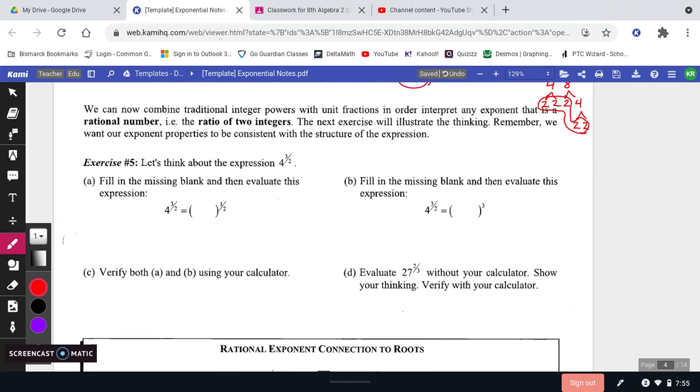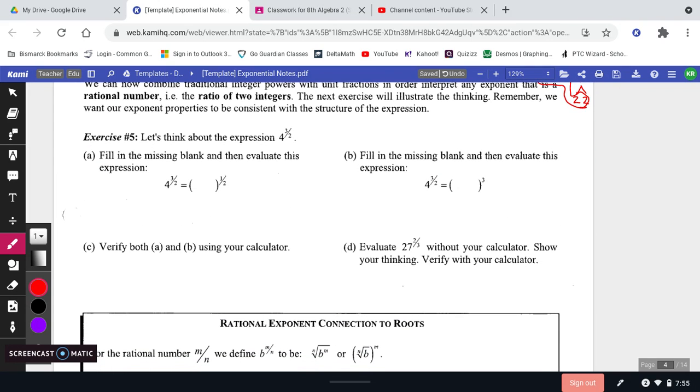All right, so what if instead of just a 1/2 or a 1/3, we have something like 3/2 as an exponent? Well, we could think of 3/2 as being 4 cubed and then taken to the 1/2 power.